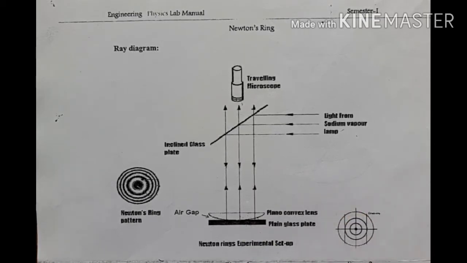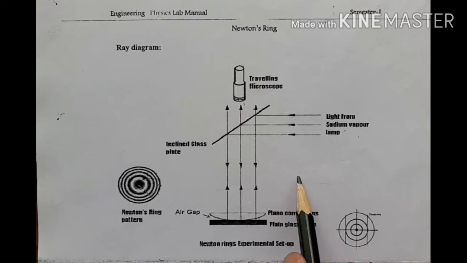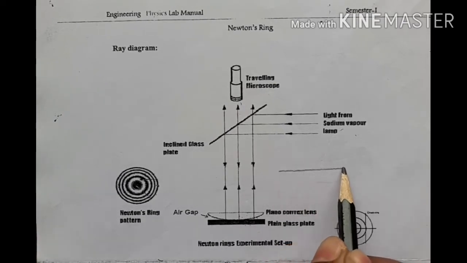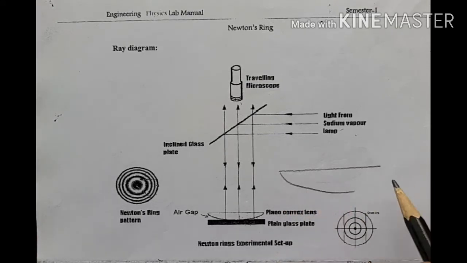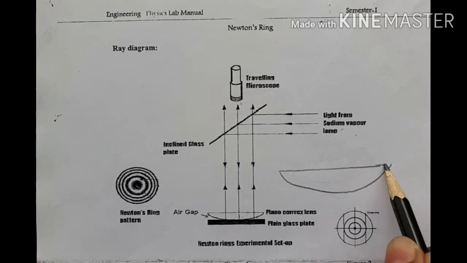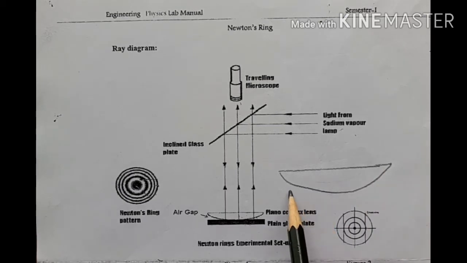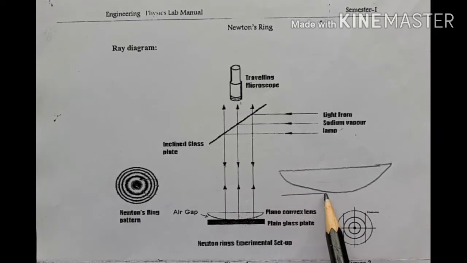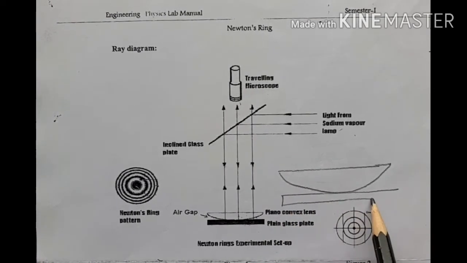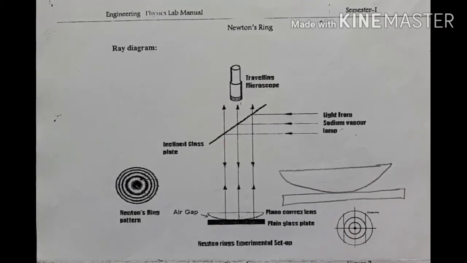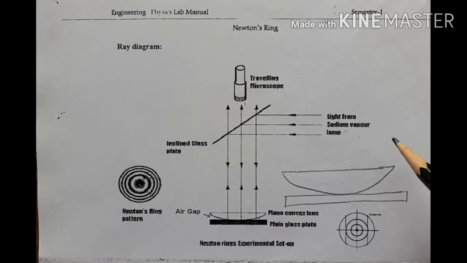For example, I have the plano-convex lens. One side is plane like this, and the surface is convex like this, and a plane glass plate is kept below that. Now let us consider a ray of light which is falling on this.